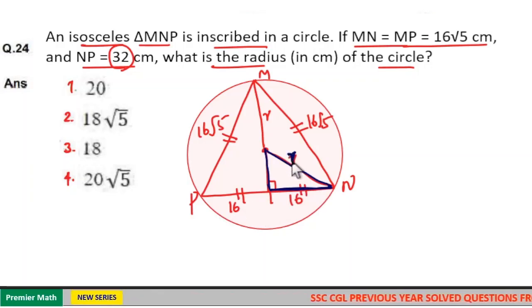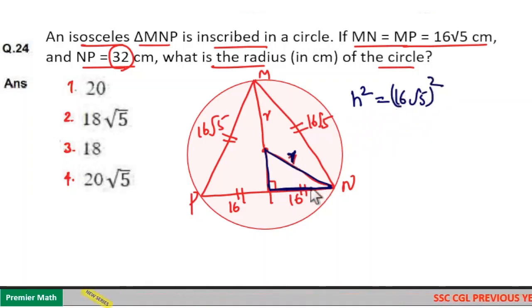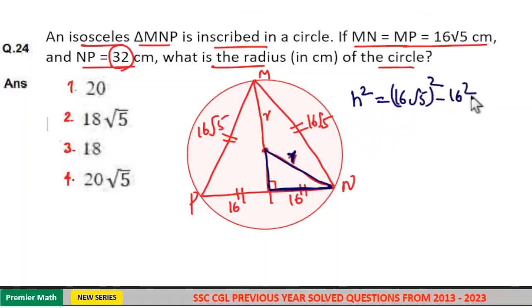But before that, we have to find out what is the height of this triangle. So, h square is equal to, from this larger triangle, h square is equal to 16 root 5 the whole square minus 16 square. Now, this is equal to 16 square into 5 minus 16 square.